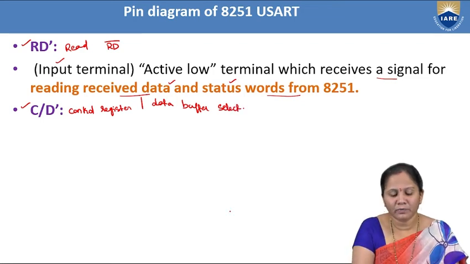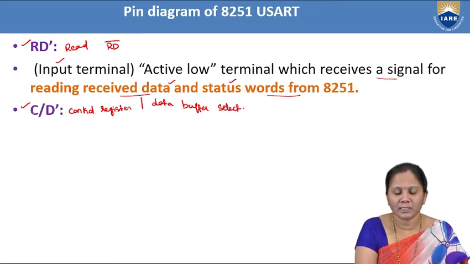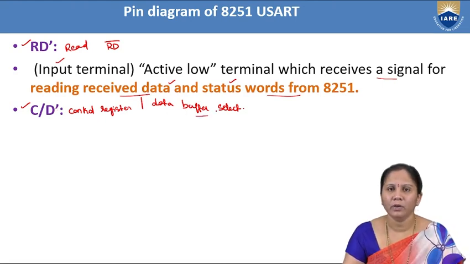Here this C, that is control register, is an active high signal, whereas D bar represents active low. That means here data buffer select is active low. If the C by D bar is equal to 1, control register will be enabled. If the C by D bar is equal to 0, since this D bar is an active low signal, data buffer will be selected.